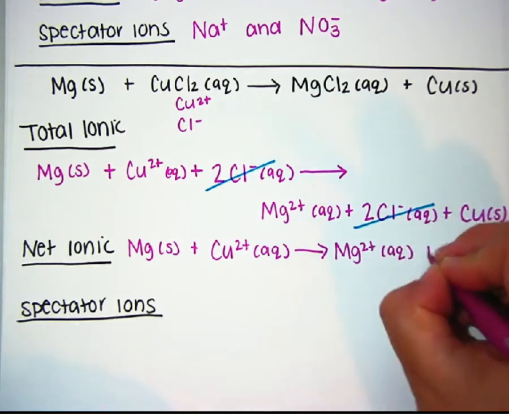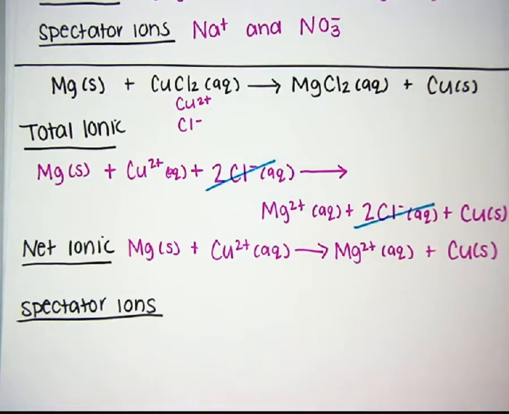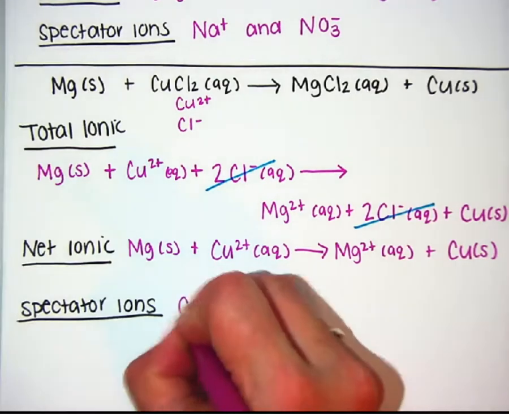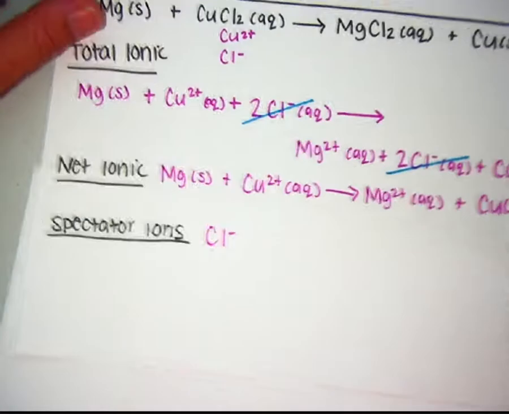Mg2+ plus copper solid. The only spectator ion was that chloride ion. All right, let's do one more single displacement, and then we'll do an acid-base example.